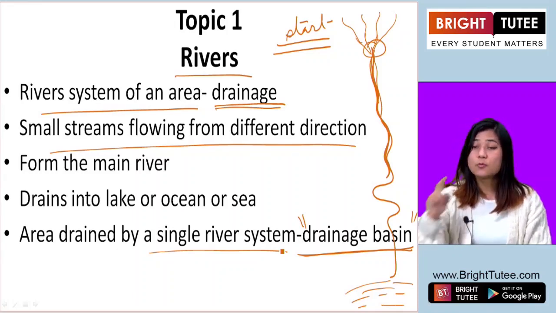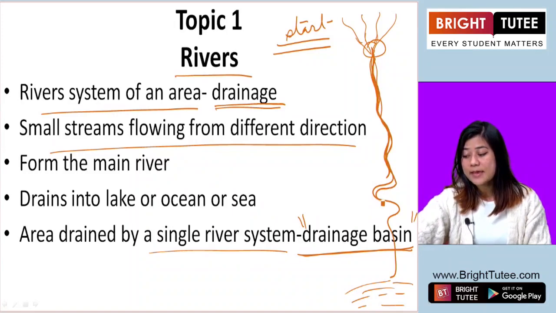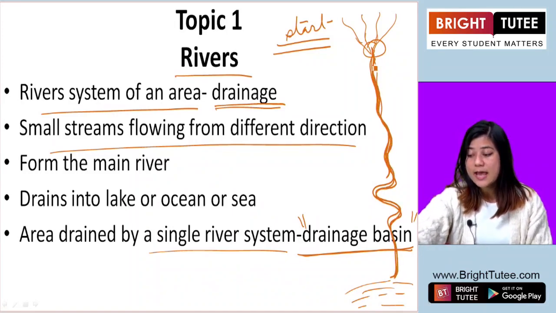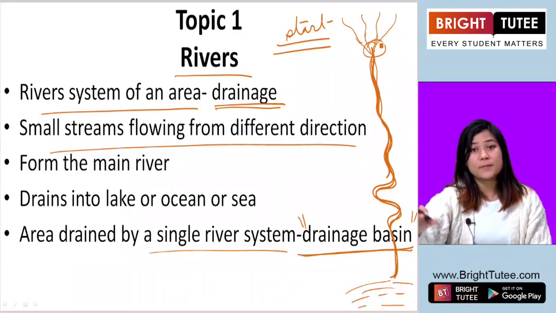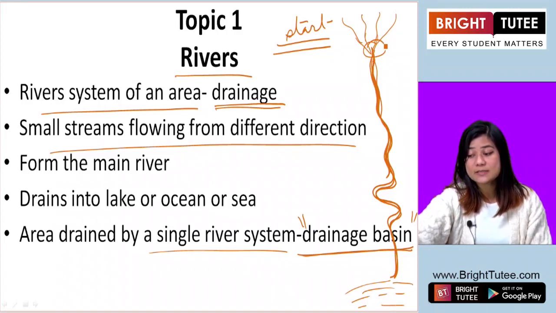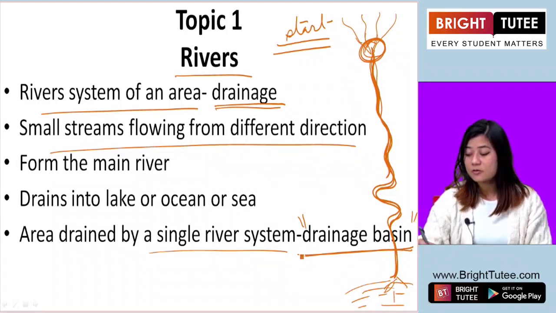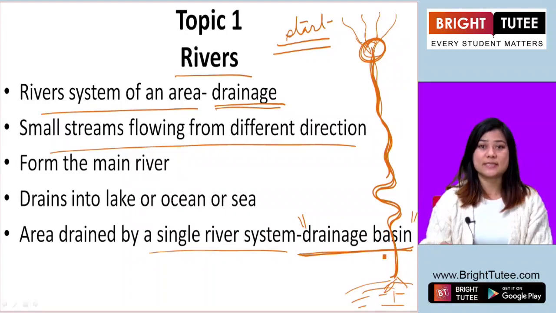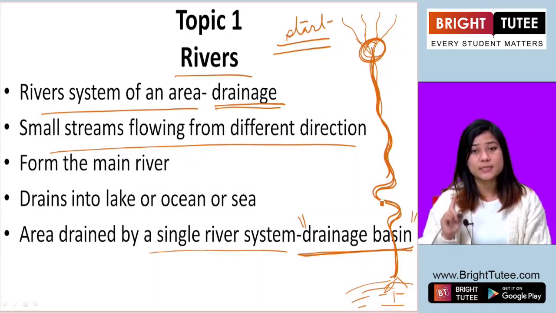When there is one single main river involved, the area that it covers from the spot of its origin to the spot where it drains is called the drainage basin of the single river, not multiple rivers. Okay, one single river.